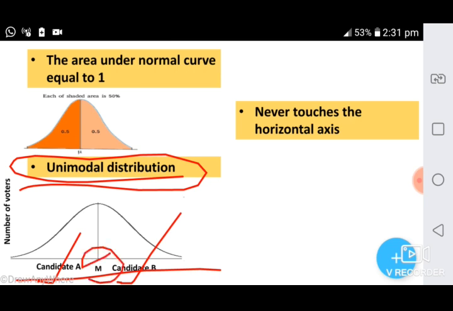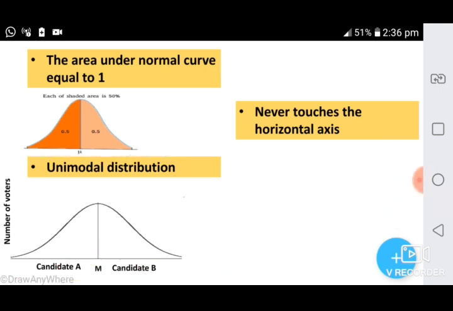You are observing a peak at only one point, only one value. This would indicate a single value, unimodal, being particularly dominant among others. Next one, the normal curve never touches the horizontal axis.